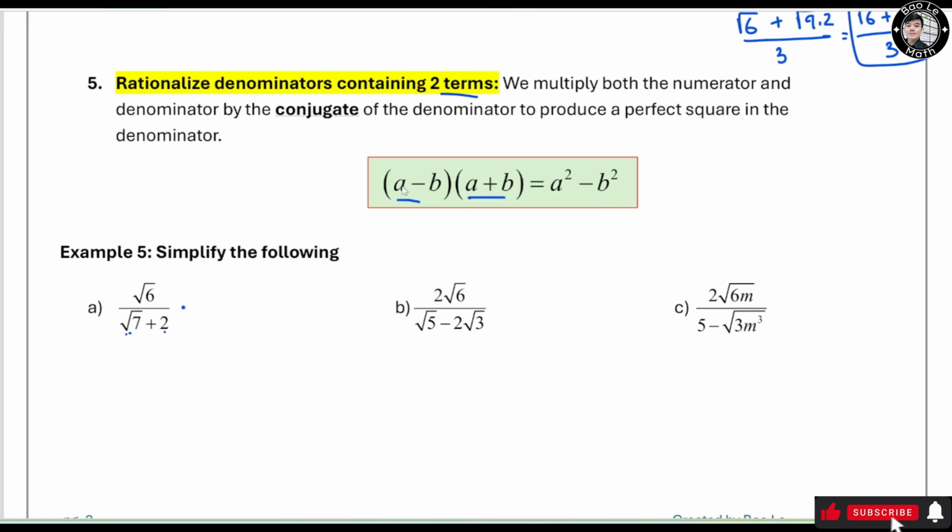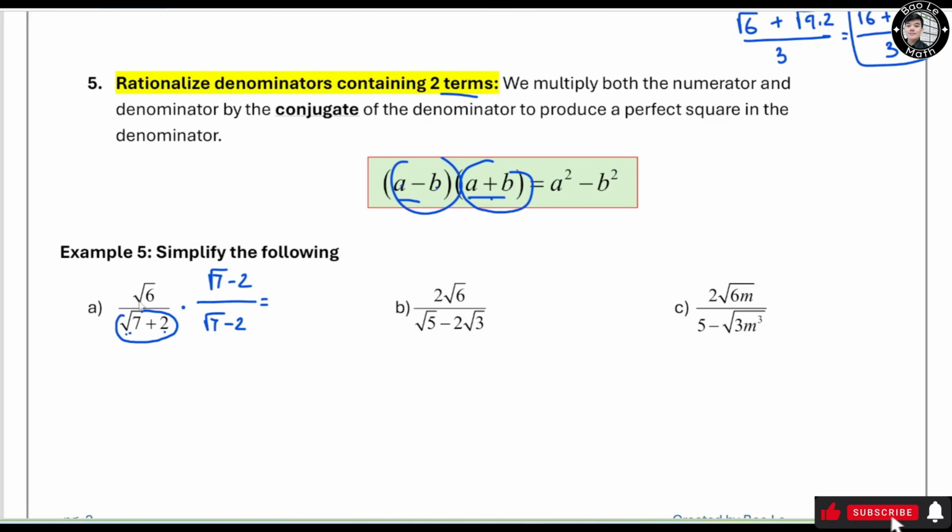Remember, a minus b is the conjugate of a plus b, or a plus b is the conjugate of a minus b. So the conjugate of root 7 plus 2 is root 7 minus 2. So keep this one in mind, right? So we multiply the top and bottom by this conjugate, which is root 7 minus 2, right?